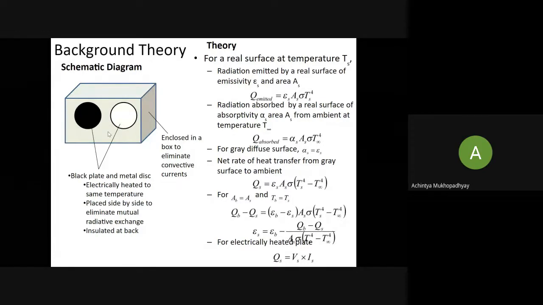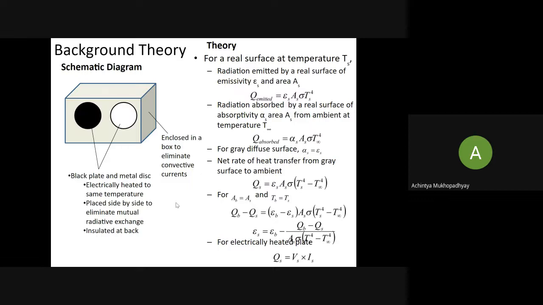Yes, actually there would be, but we are considering a very thin surface, so the error is negligible. Also, if you consider the radiation emitted by the sides, part of it would reach the other surface too, so those complications would come in.